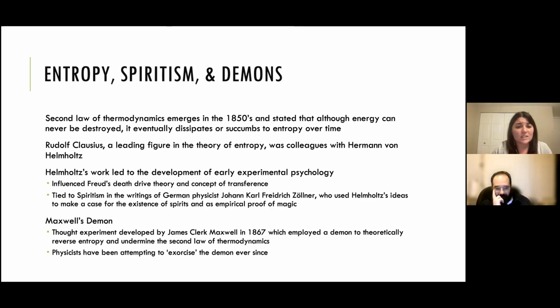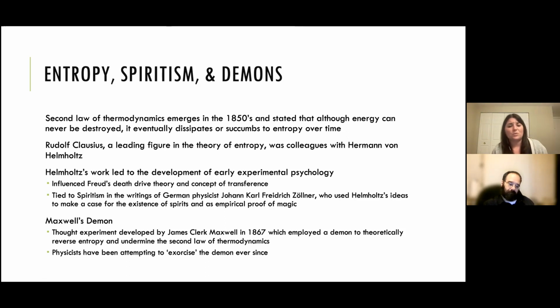Rudolf Clausius was a leading figure in the theory of entropy and was colleagues with Hermann von Helmholtz. So here we see ties between entropy and early experimental psychology. Helmholtz's work led to the development of early experimental psychology and really influenced Freud's death drive theory and concept of transference.